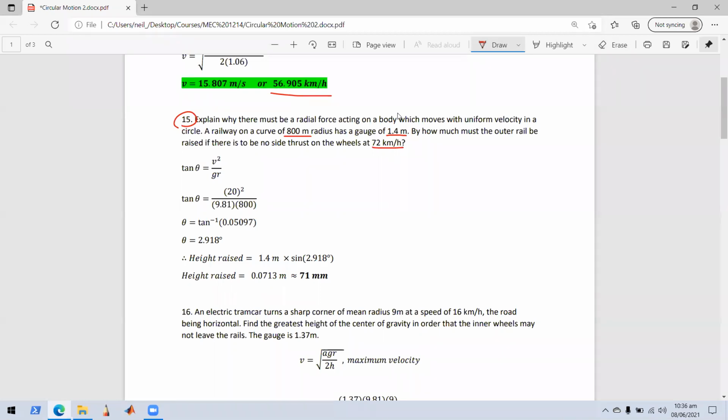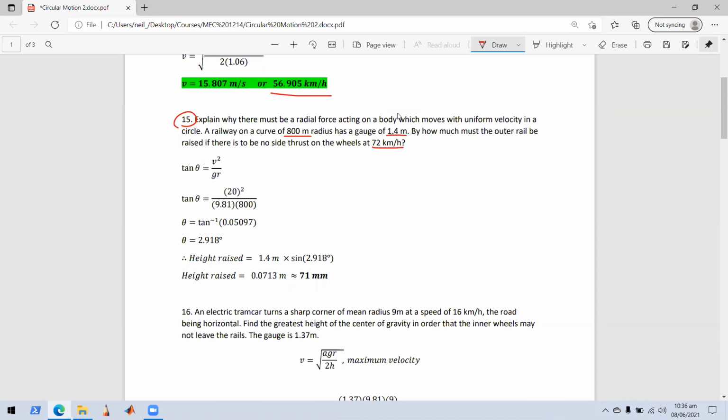So plugging those values in, we get tan theta is equal to v squared divided by gr. We need to convert this into meters per second. So how do we do that? Multiply by 1,000 and divide by 3,600, right?